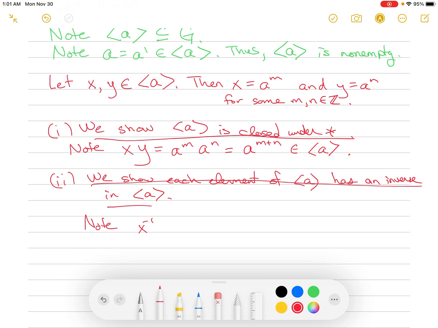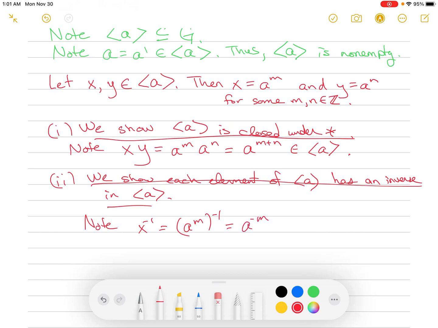We already have that. So let's consider x inverse. What would x inverse be? X inverse would be A to the m, to the minus 1. And from some of our work that we've done in, I think, section 7.2, basic properties of groups, this is the same thing.